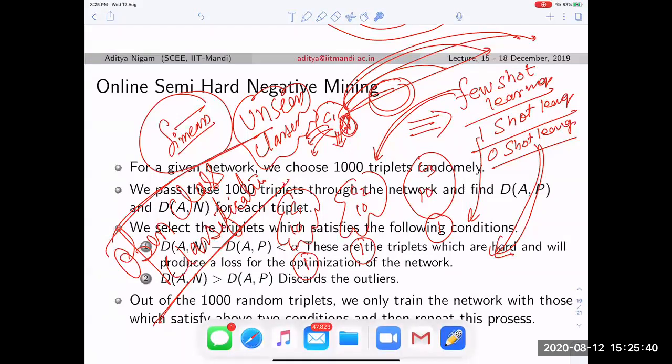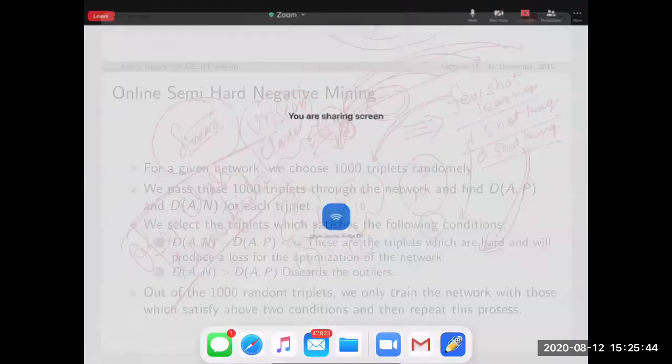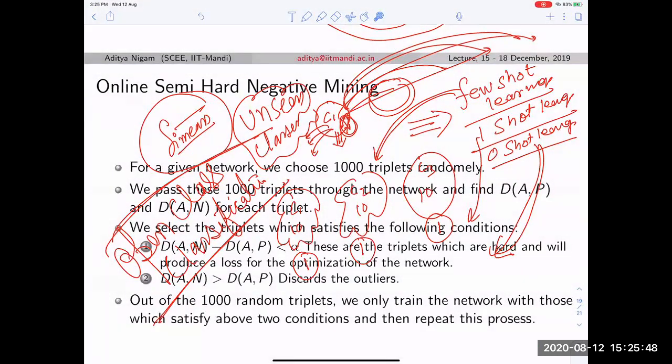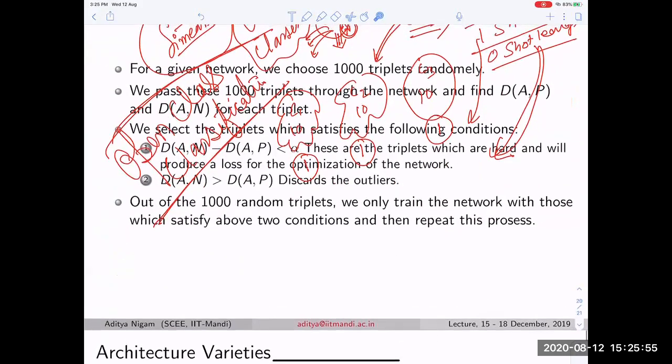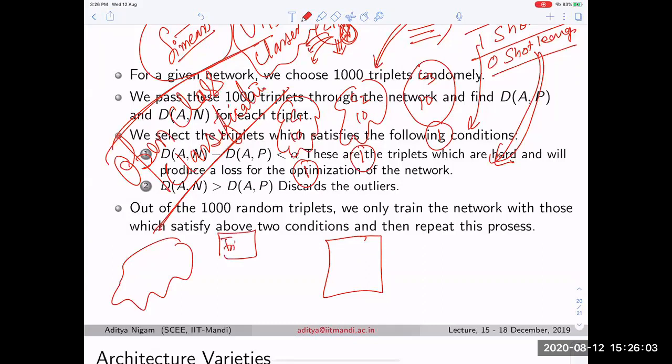Excuse me, sir, in this online semi-hard negative mining, we do this before training, right? While making the batch, yes. Let me show it. This is my network. I have got my data. I have a triplet maker.